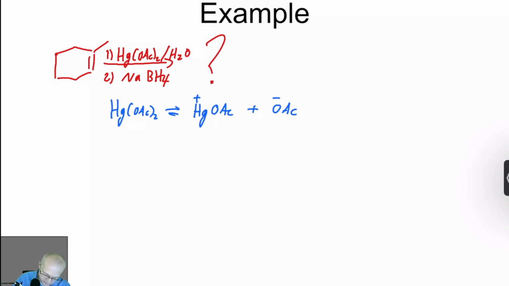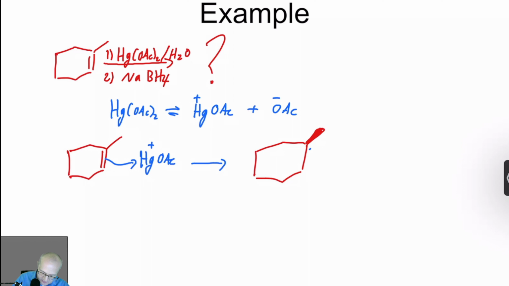So now the mercury cation is going to be attacked by the double bond. Now remember, let's imagine, if you will, the mercury came in from the bottom. Something like that. That means now that the nucleophile must attack from the top.